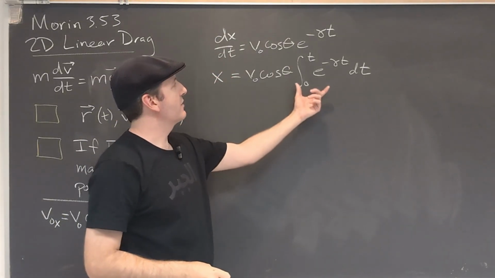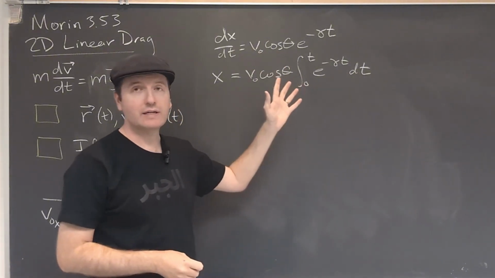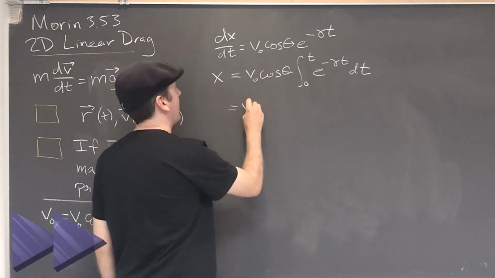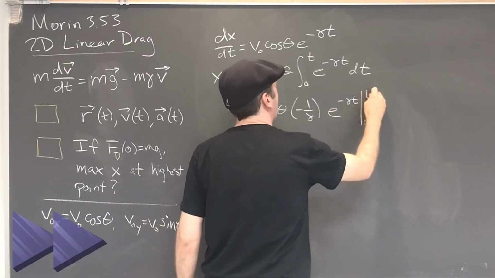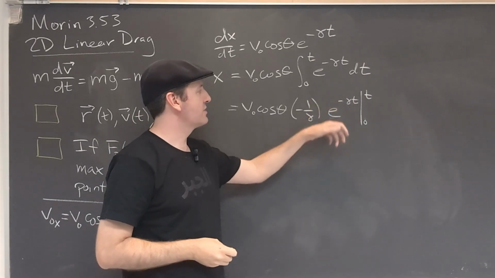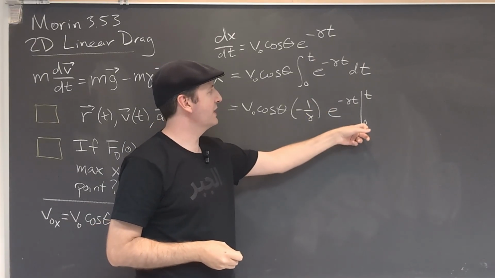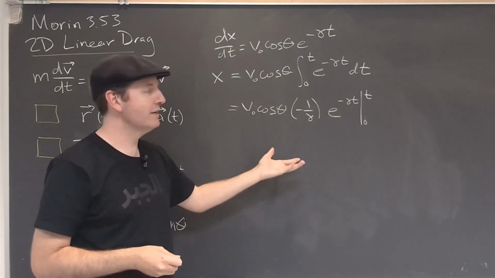And then, of course, we have to integrate this. Don't forget that our lower bound of 0 will not be trivial here. We'll have to plug that in. Okay, so there's our antiderivative. And then when we plug in t, of course, this is the same function. Plugging in 0 does give us a e to the 0, which is 1.